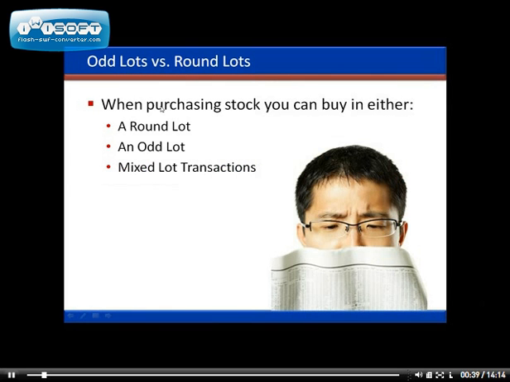Alright, so let's talk about odd lots versus round lots. These terms, odd lots and round lots, are not going to be used frequently.